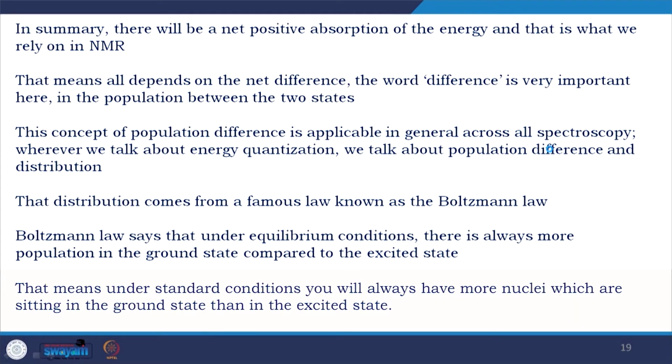That means under standard conditions you will always have more nuclei sitting in the ground state than the number of nuclei present in the excited state, and the ratio of the population between the two states is given by the Boltzmann equation, which we are putting in the write up.